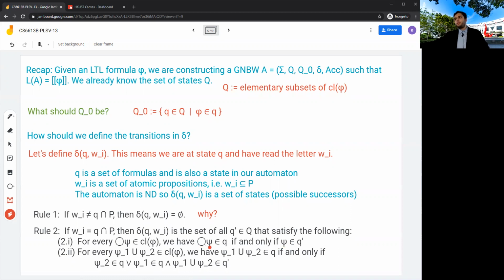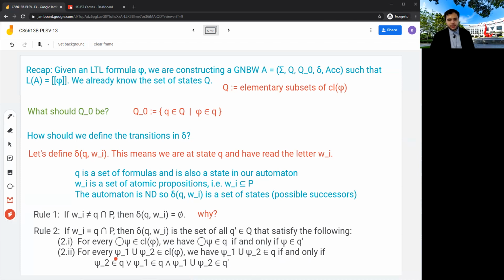So in the next time, I have to have psi itself. So this is the rule that we have for next. And we actually define our rules as if and only if. So next psi is in the current state if and only if psi is in the next state.